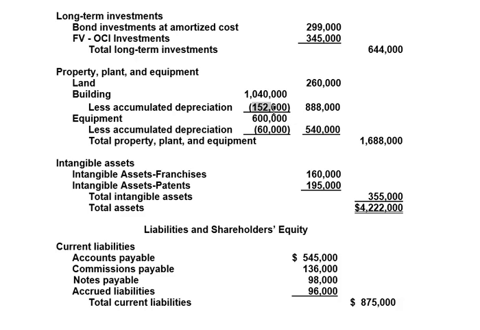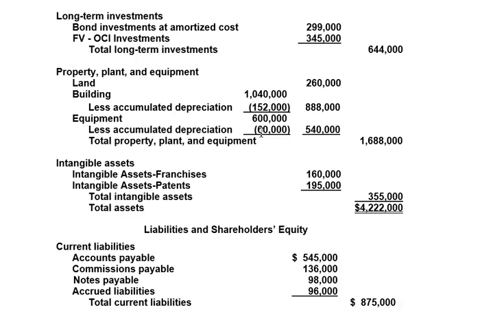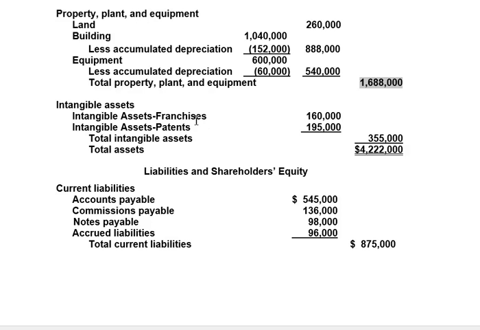So this is accumulated depreciation for equipment. This is accumulated depreciation for building, and this is accumulated depreciation at $60,000 for equipment. So the carrying value of your total property, plant, and equipment is $1,688,000.